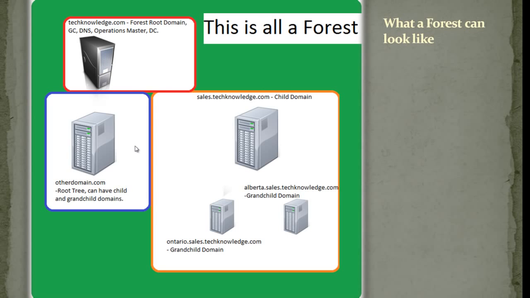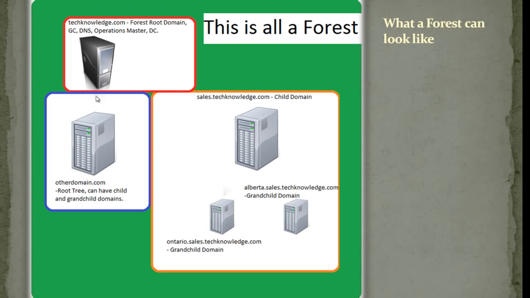The root tree is just the first domain controller set up after your forest root domain. You have your forest root domain up here, which is technology.com, and then you have your trust that the administrators have to set up between these two, because this is otherdomain.com.